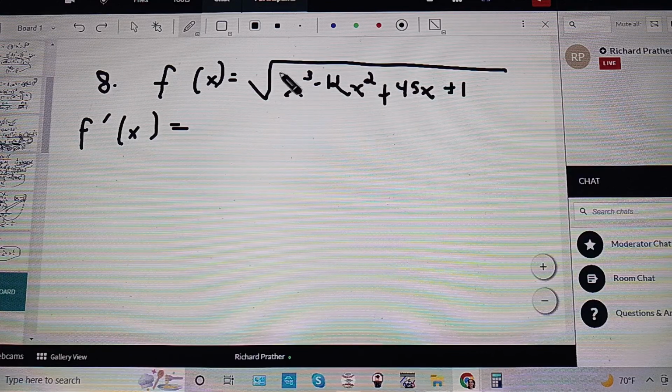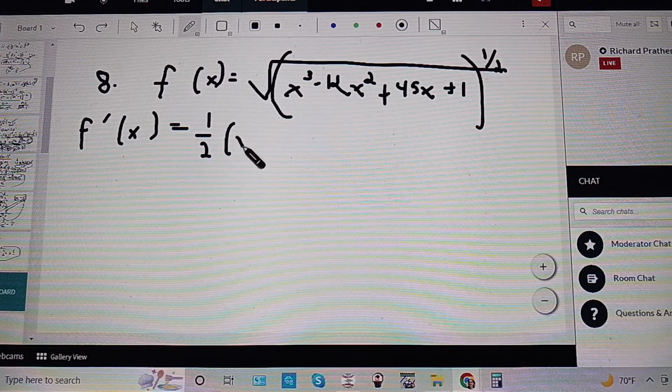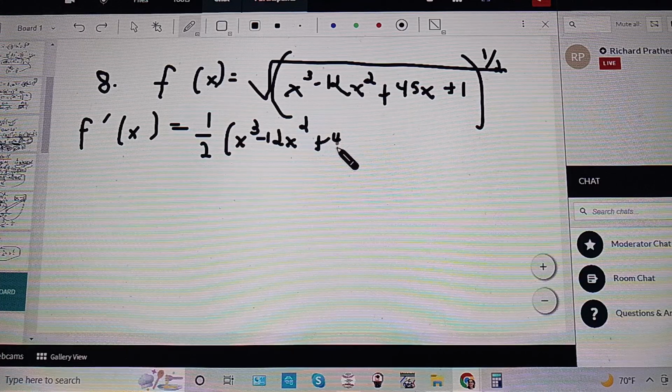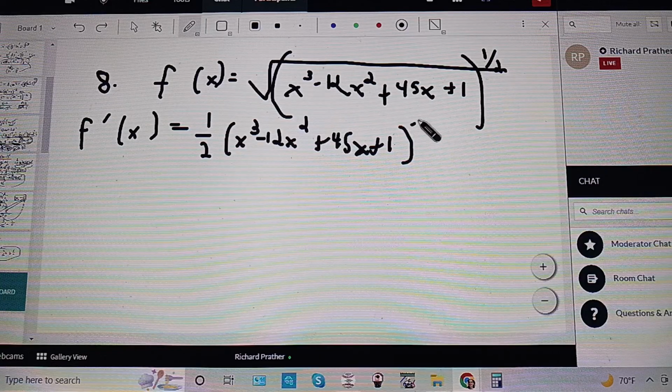And think of this as to the 1/2 power. It's like this square root is a 1/2 power. And then you can do the power rule. 1/2 times 1 is 1/2. Rewrite the base. Then decrease the exponent by 1. 1/2 minus 1 is negative 1/2.